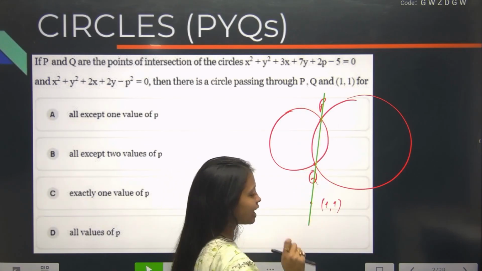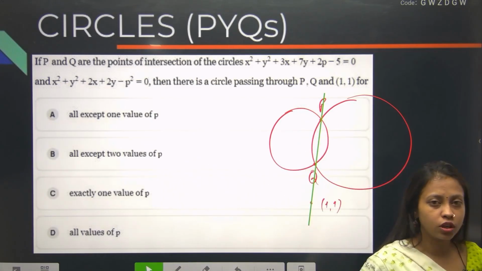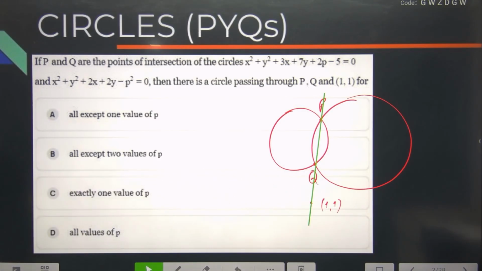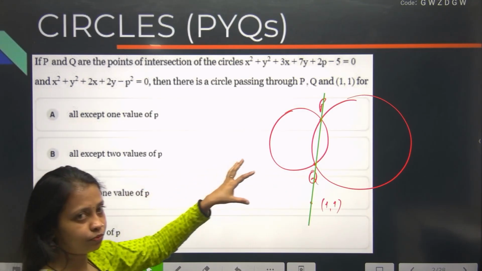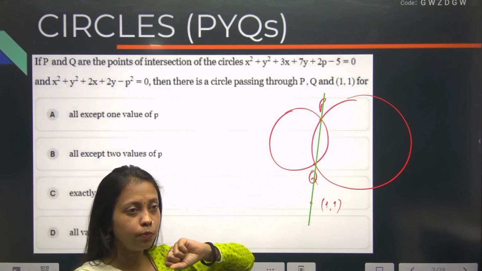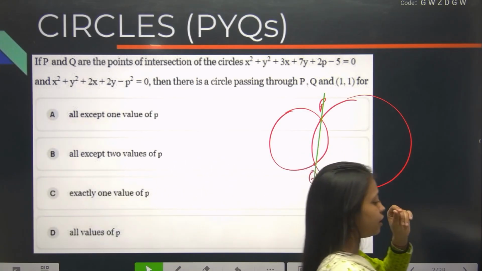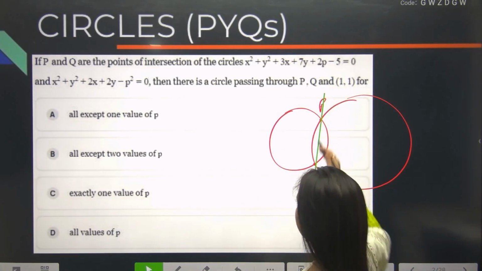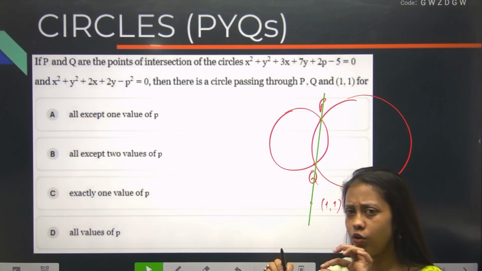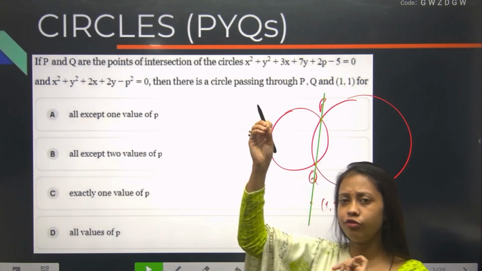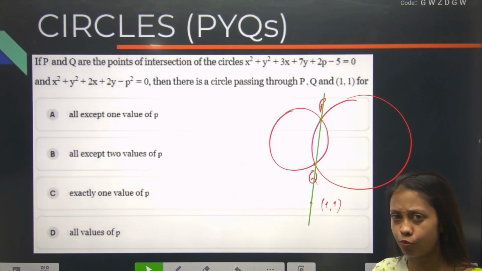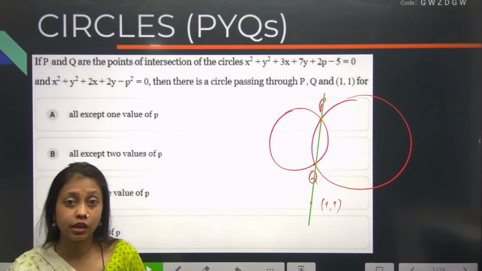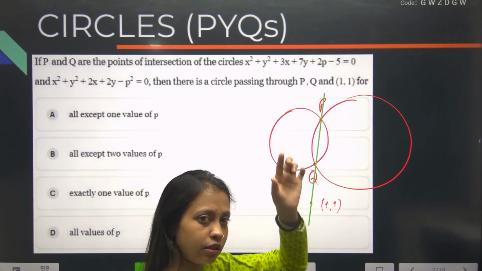Acha, this green line that I have drawn with respect to the two circles, what is that? I hope that you have studied this, the radical axis of circles. If you don't know the word, let me just tell you: if you take the locus of all those points from which the lengths of the tangents to the two circles are equal, that is a line.